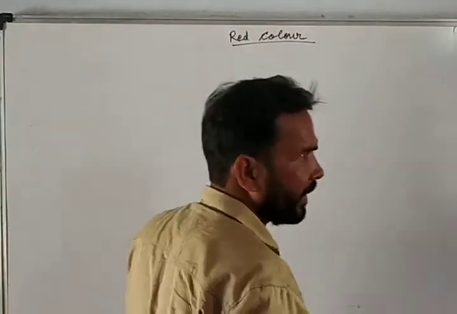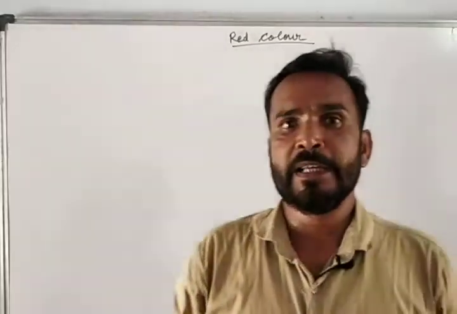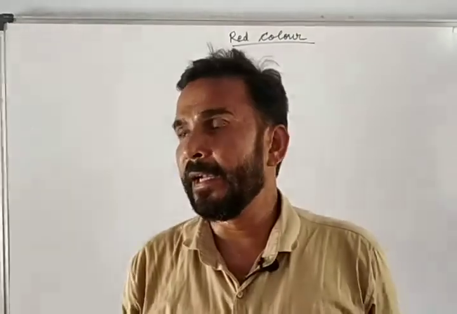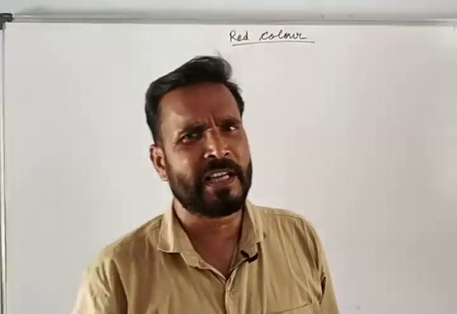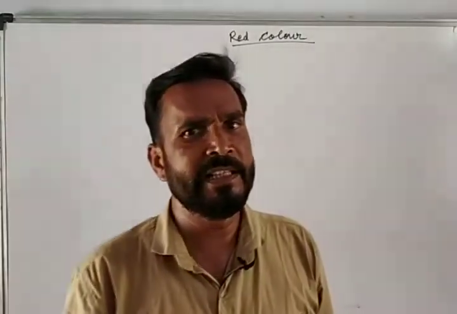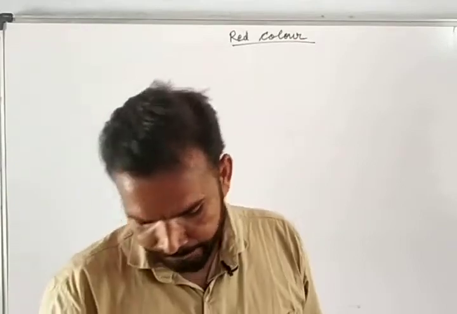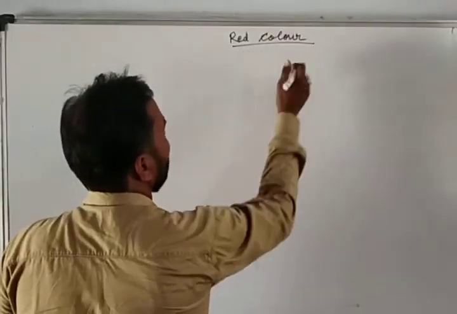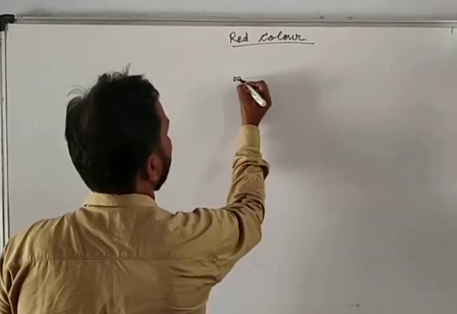These types of settlements are nucleated, linear, dispersed, and some more types are also given there, like star-like and others. But basically these 3 types of settlement you have to learn. Now see, settlement will be shown in red color, and small boxes will be given.